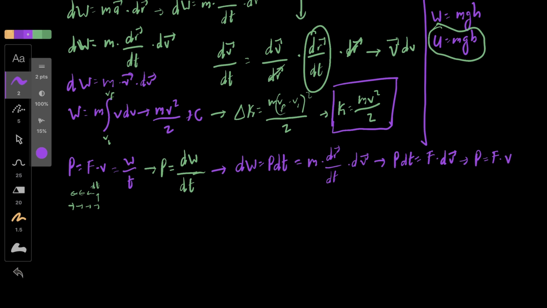And it's really that simple. And actually, I have another derivation for that. Since power is equal to dW over dt, if force is constant, then we get force times dr over dt, and that's velocity. So when it's constant, it's also equal to force times velocity. It really is that simple: the force vector at the time times velocity.